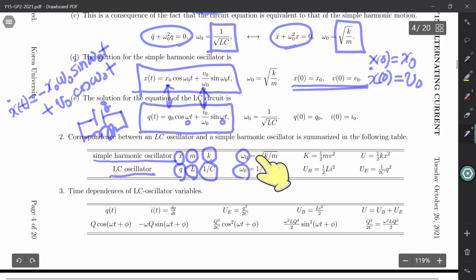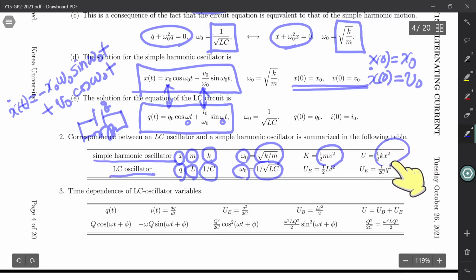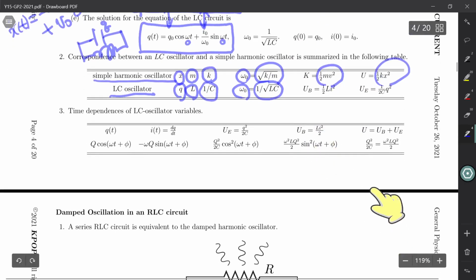Characteristic frequency is square root of K over M, and 1 over square root of LC. Kinetic energy and potential energy are equivalent to magnetic field energy and electrostatic field energy.